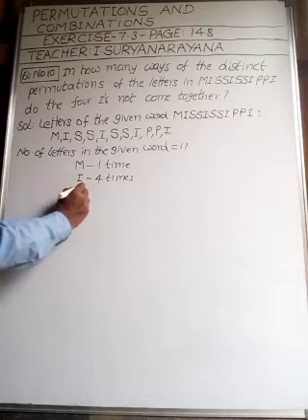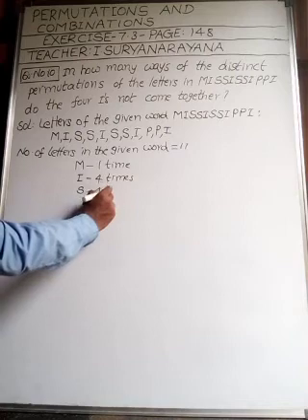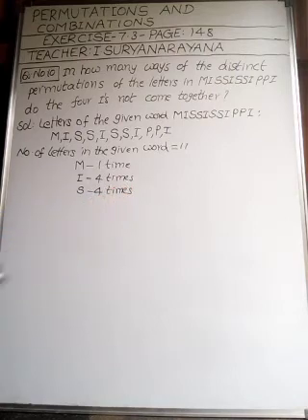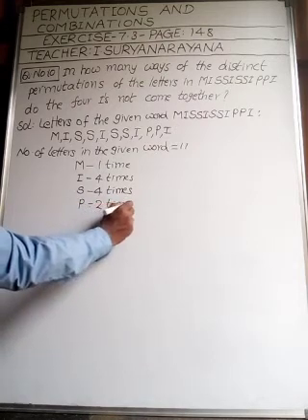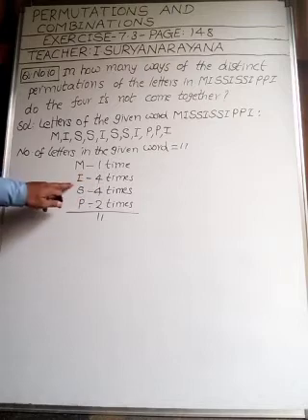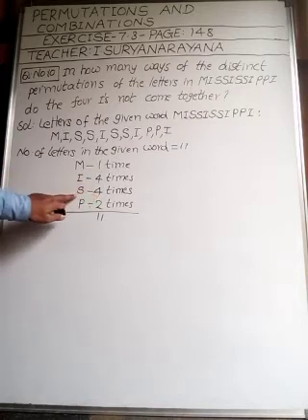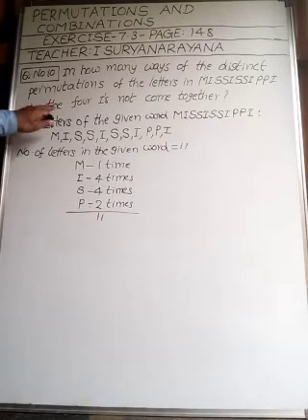Next, S. How many S? 1, 2, 3, 4. These are 4 times. Next, the letter P. So total 11 letters. Yes or no, my children? So 4 identical I's are there, 4 identical S's are there, 2 identical P's are there. But we have to find the number of permutations in which the 4 I's do not come together.